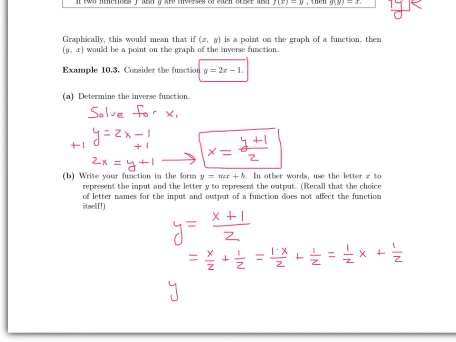So what we have now is our inverse function written in the form y equals 1/2 x plus a half. So it has the form right now y equals mx plus b. So we've accomplished our goal.